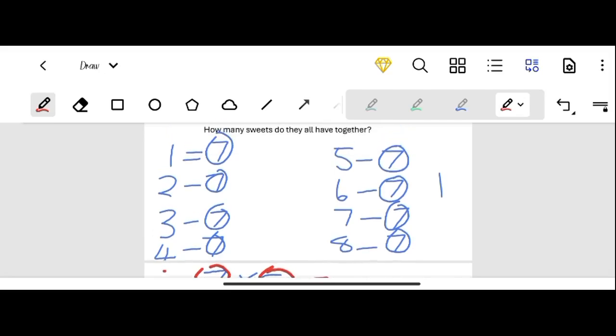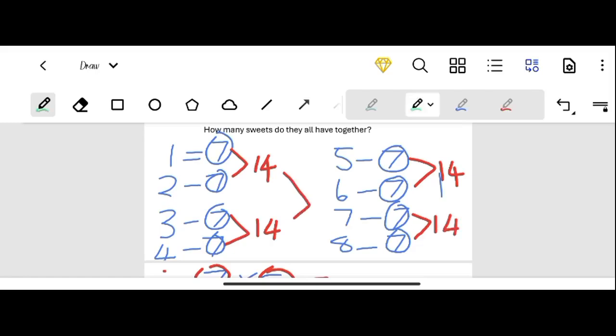If we say 7 plus 7, it's going to be 14. 7 plus 7 is 14. If we say 14 plus 14, it's supposed to be 28. And that other one is also supposed to be 28.